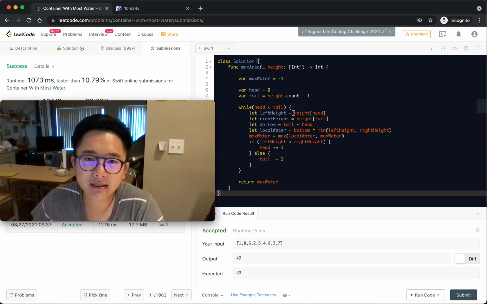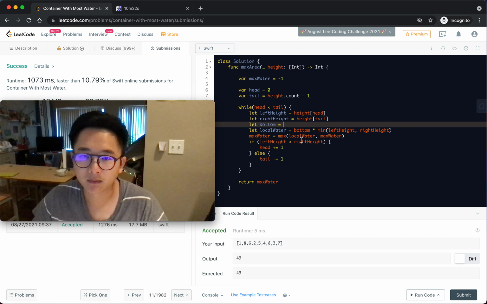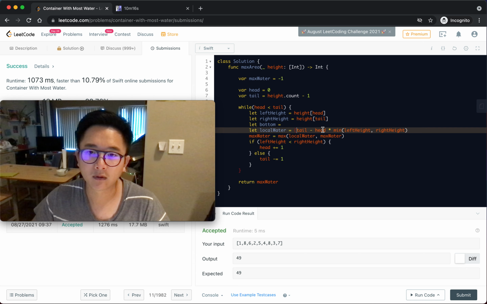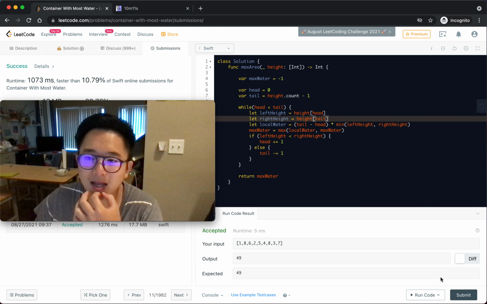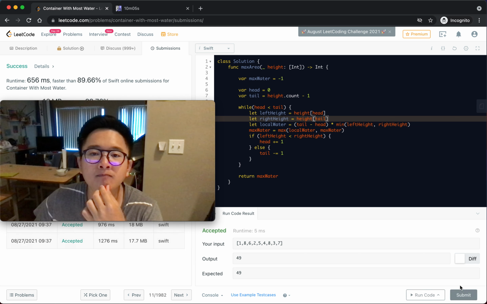It's because of this left height. Oh, now it's 89.66. So it's all because of these variable assignments. Interesting.